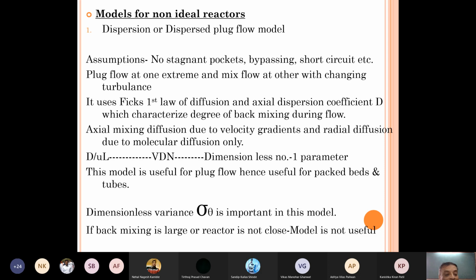In the dispersion model, or dispersed plug flow model, we make some assumptions.